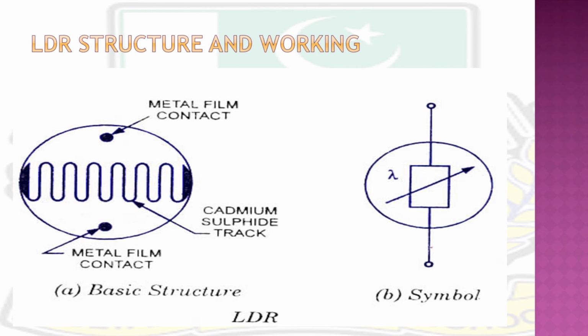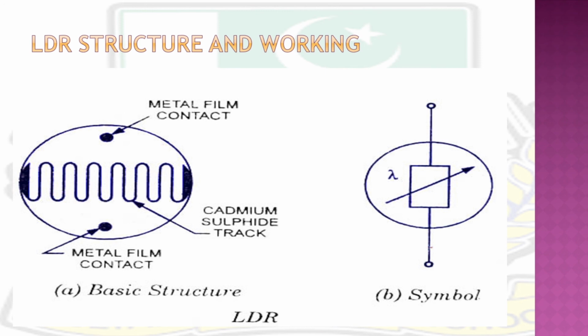The structure is housed in a clear plastic case to provide free access to external light. As explained above, the main component for the construction of an LDR is cadmium sulfide, which is used as a photoconductor and contains no or very few electrons when not illuminated.